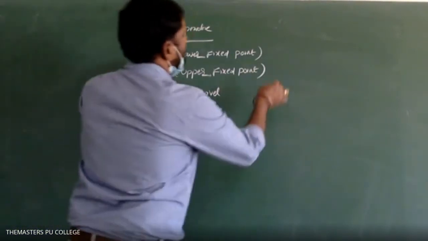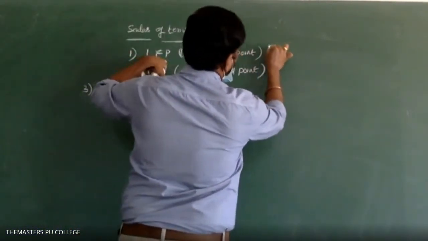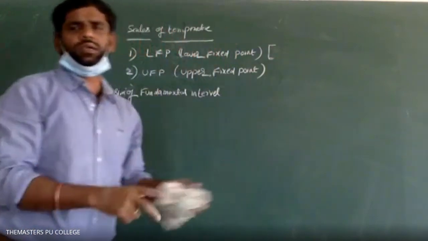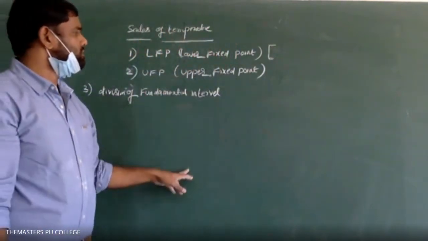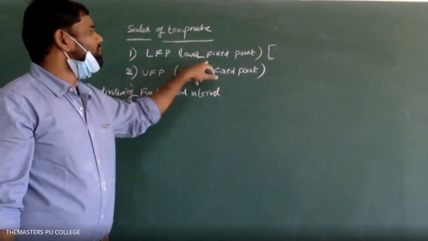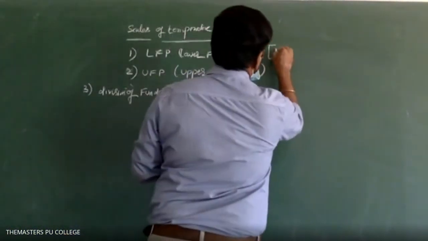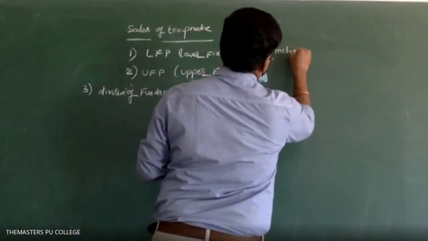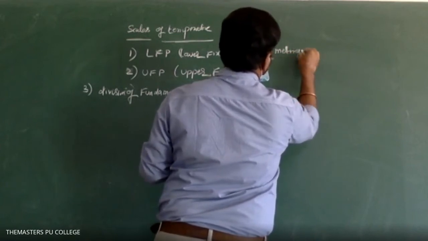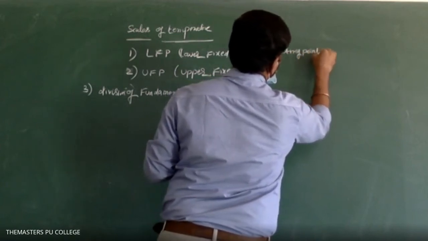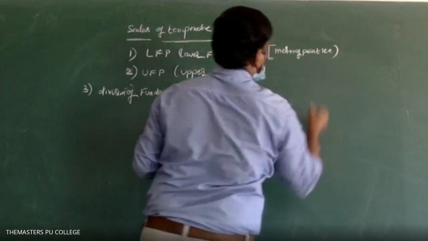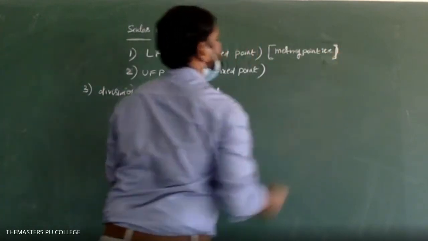What is meant by lower fixing point? Students, you can take your different references. Generally, lower fixing point means the melting point of ice. The melting point of ice can be taken as the lower fixing point.